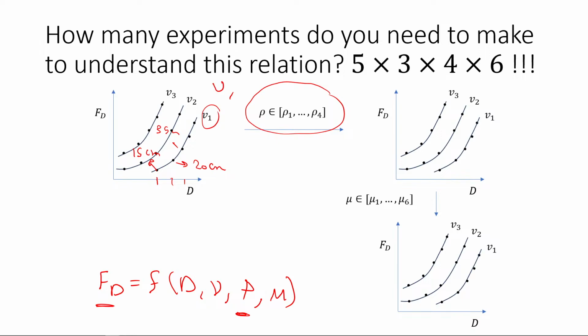And the problem is not how to do these experiments, or the time it takes to do them. The problem is how are you going to represent the results? You're going to have 5 times 3 times 4 times 6, that's 450 of these graphs.